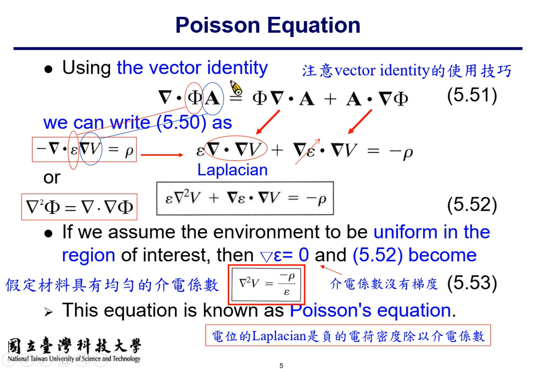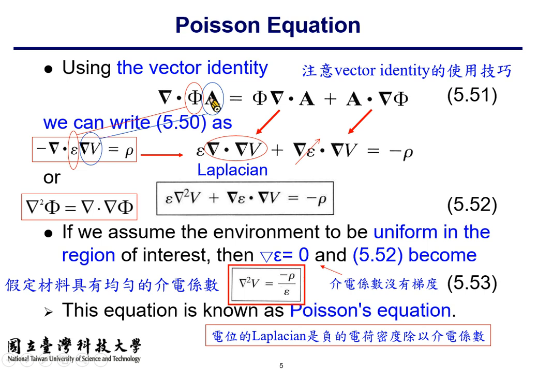We attempt to use a vector identity here, okay? So we know that the divergence of a scalar times a vector, that is phi times A, equals phi times the divergence of A plus the dot product of A and the gradient of phi.